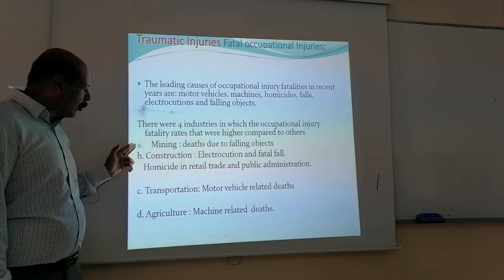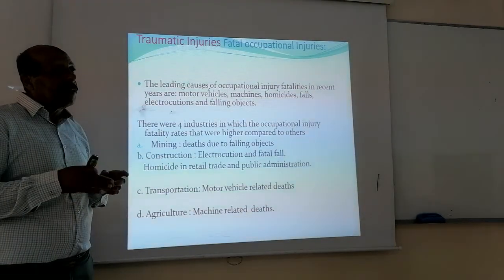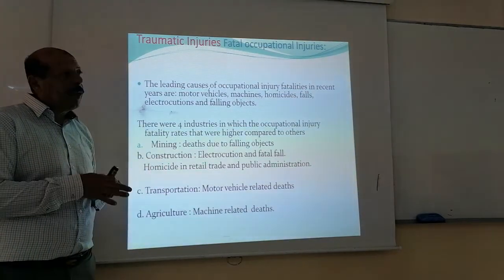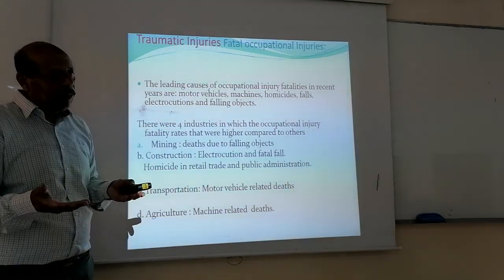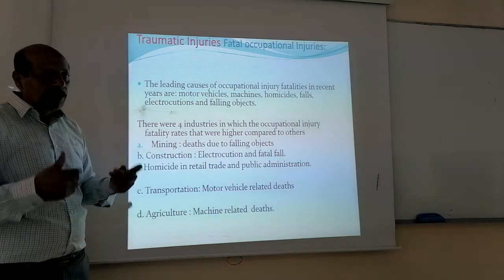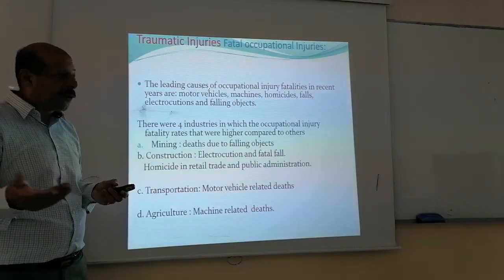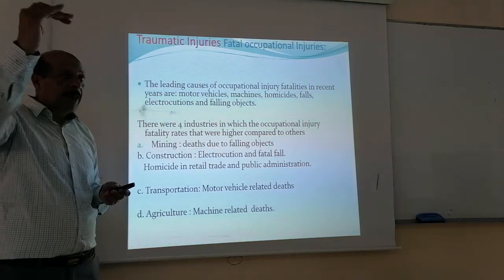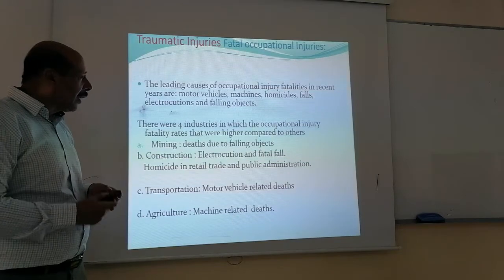The first one is death due to falling objects, when dealing with loading objects on vehicles, so those objects might fall on the person, and also loading in the store, keeping objects in higher places.